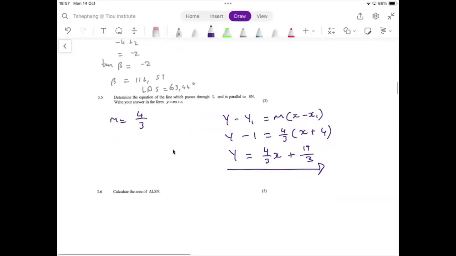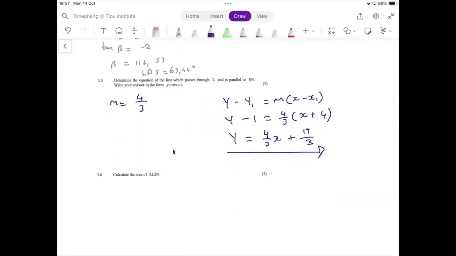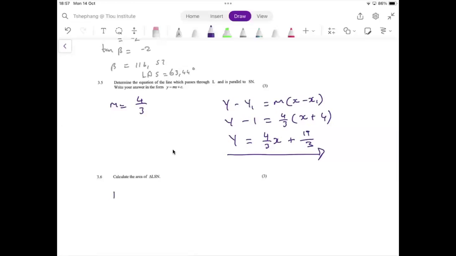Okay, now moving on, calculate the area of triangle LSN. That shouldn't be too much. We know the area of a triangle is half of the base multiplied by the perpendicular height. So half. Now, I'm going to say maybe my base is 4√5.